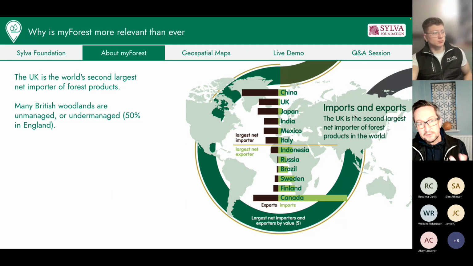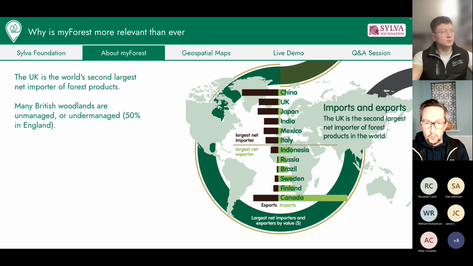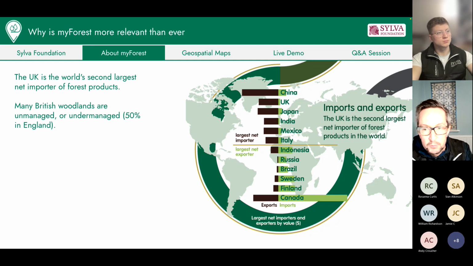And the main thing to consider there is that many of our woodlands, and in England that's around about 50%, are undermanaged, and that's the whole purpose behind the Northwoods Programme, to provide support to get more woodlands into management. So you can imagine those 50% of woodlands aren't really achieving what they potentially could achieve in just this one service they could provide from timber. So there's certainly benefit that we could have there, that we lessen our imports and our carbon footprint that we're exporting to other countries at the moment.